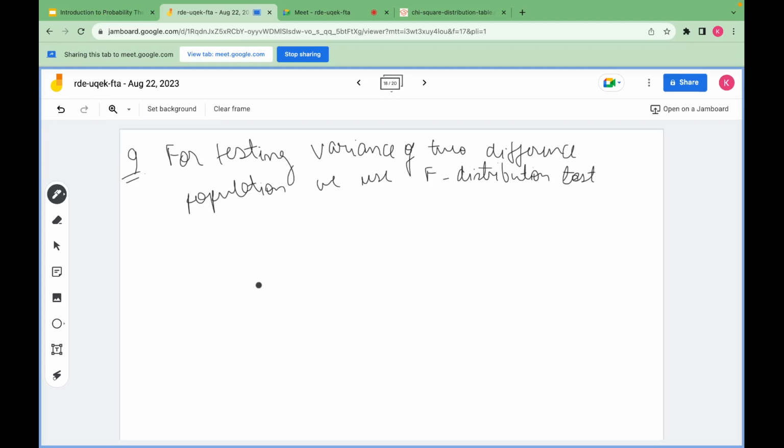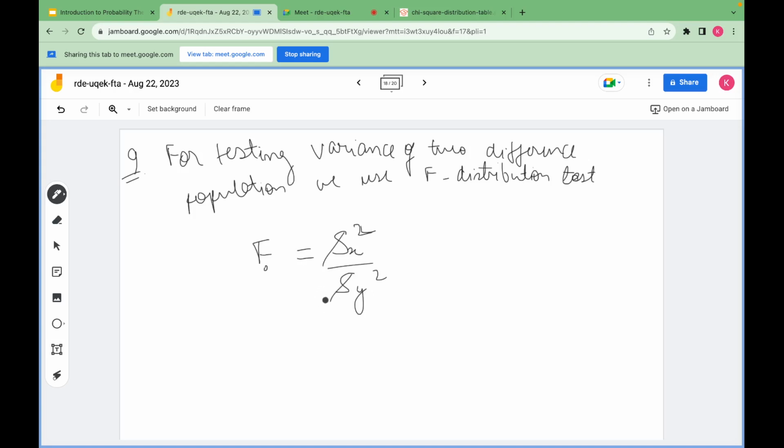So in this we calculate F naught, which is Sx square upon Sy square. This is the sample variance of one sample divided by the variance of the second sample.